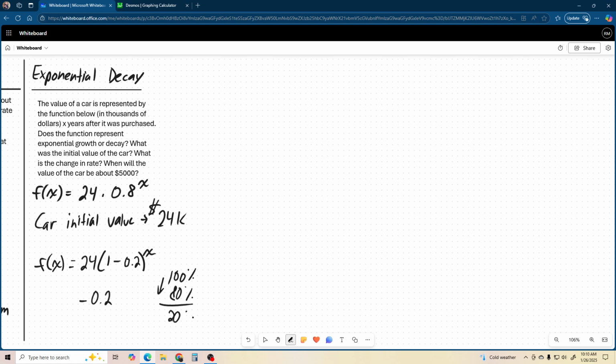It's the same thing as this, 0.2, 20%. So you can look at it however you want to. What is the change in the rate? 20%. 0.2. Negative 0.2, right?